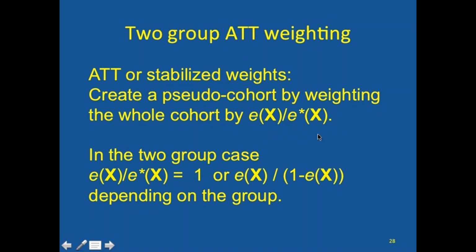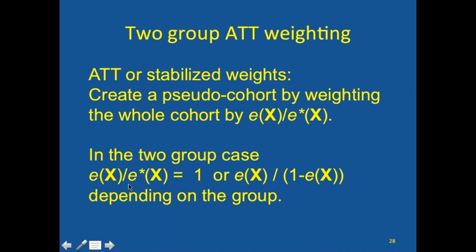So that denominator is the same. The denominator is still the probability of getting the treatment that they actually got. The numerator is now fixed to 1 group of interest. In this group, we'll just call it generically the treated group. So the numerator is always the propensity score for treatment given that set of covariates.